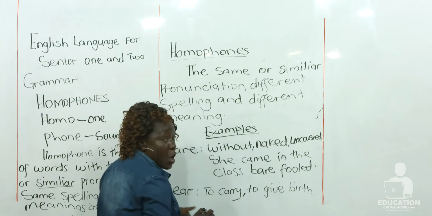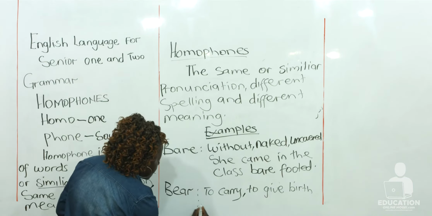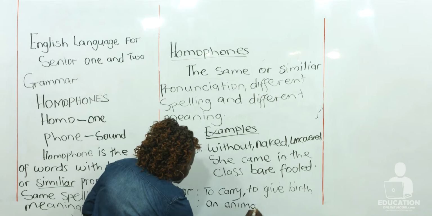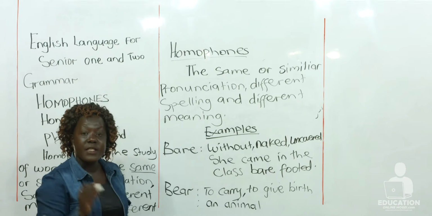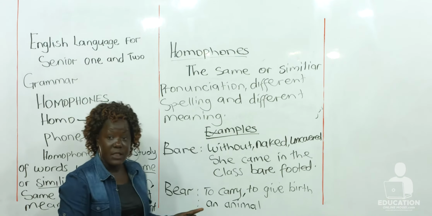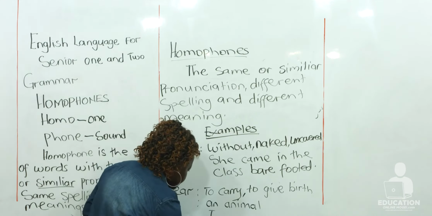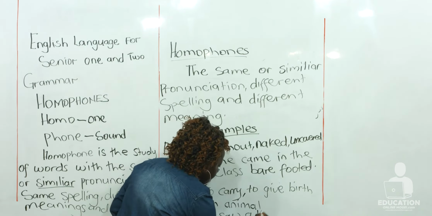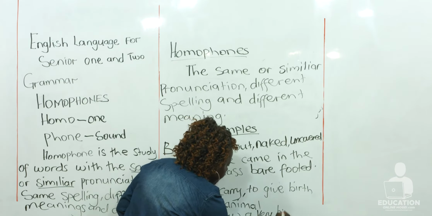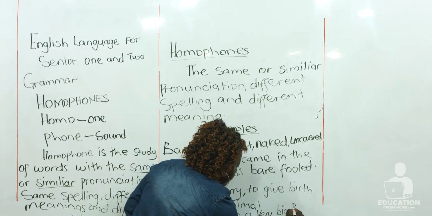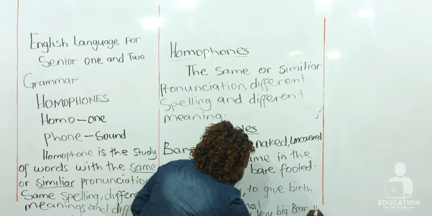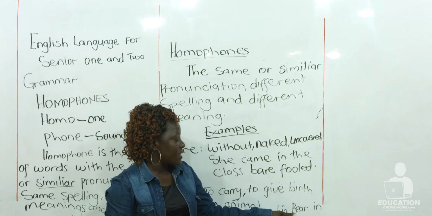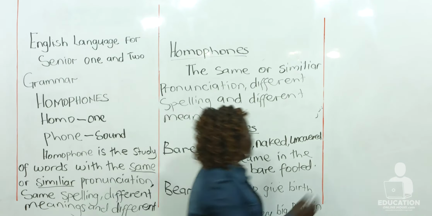There is an animal called bear. You can even say, I saw a very big bear in the forest. Since it is the name of the animal, which is a proper noun, we'll write it with capital B.